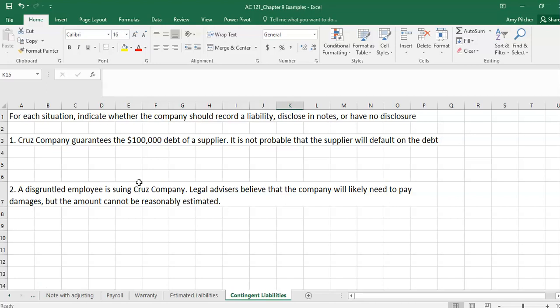Because we don't have a guaranteed amount, this is also a disclosed amount. We would put a note in our financial statements that we are being sued. We're pretty certain we're going to lose, but we're not exactly sure what the liability amount will be for that payout. And that is all of the examples for Chapter 9.